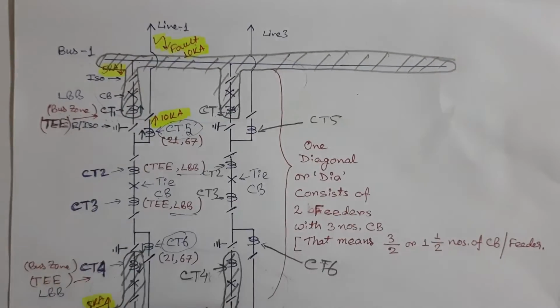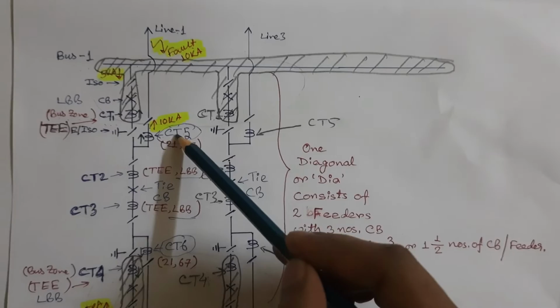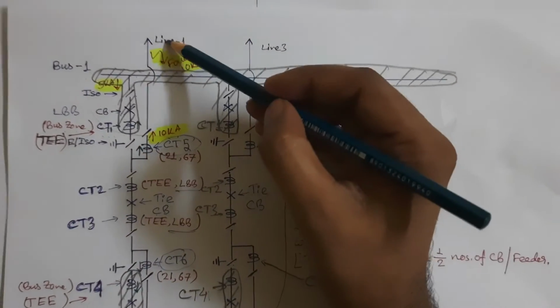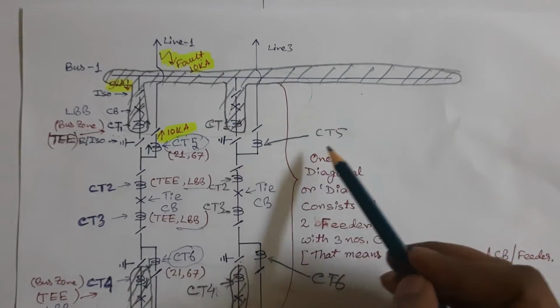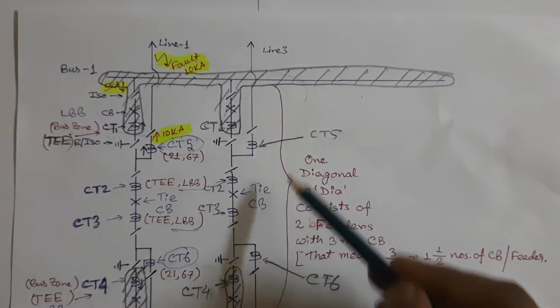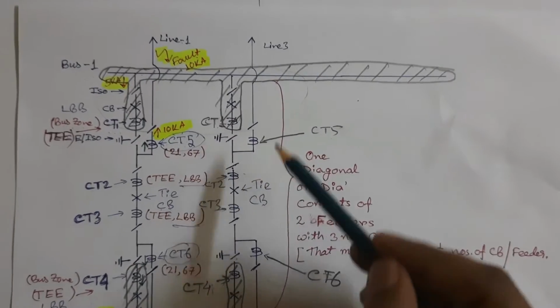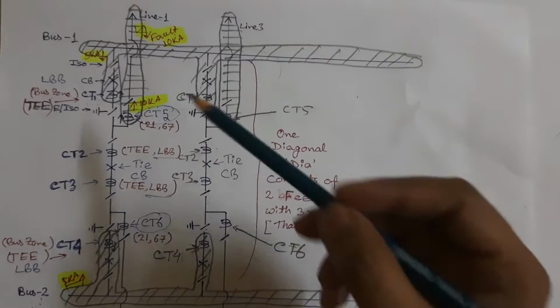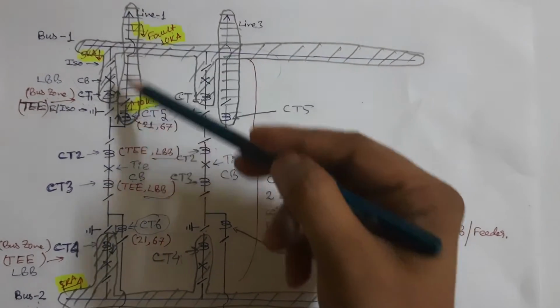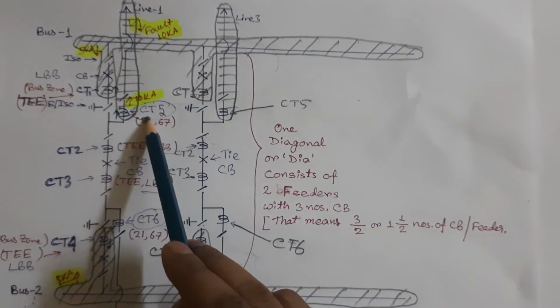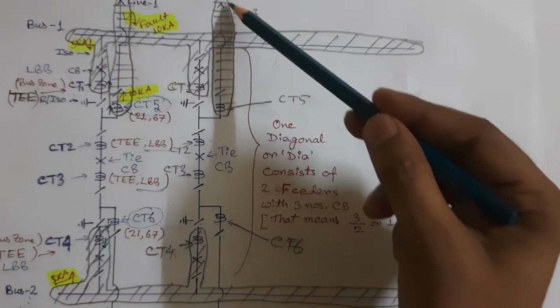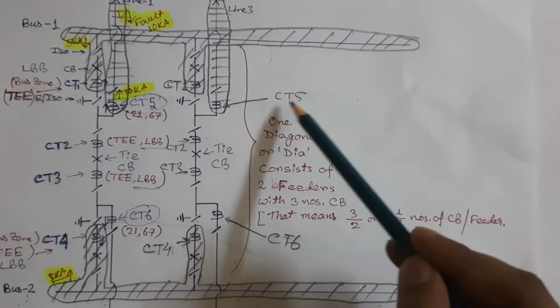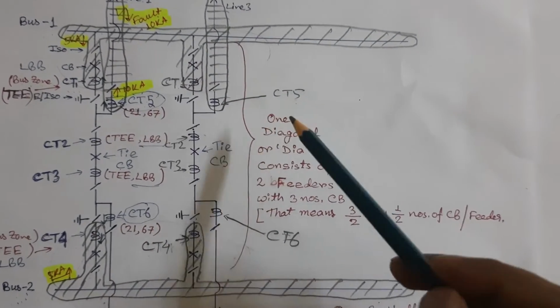CT5 of this diagonal is responsible for protection of line 1, whereas CT5 of this diagonal is responsible for protection of line 3. So this shaded portion is protected by this CT5 and this shaded portion is protected by this CT5.